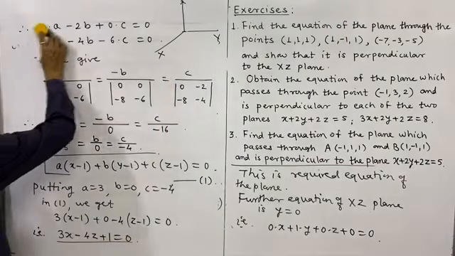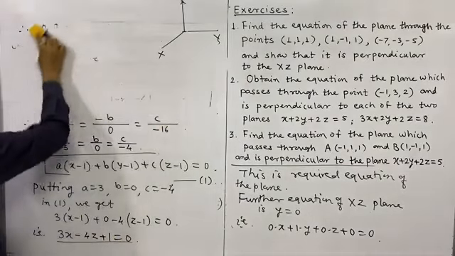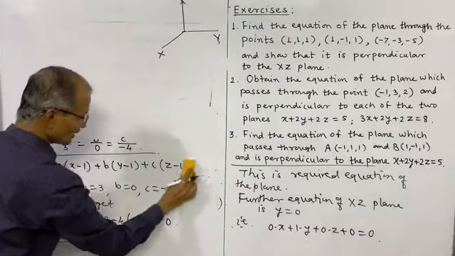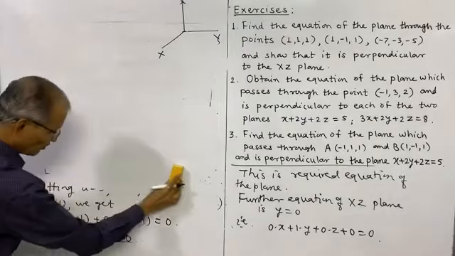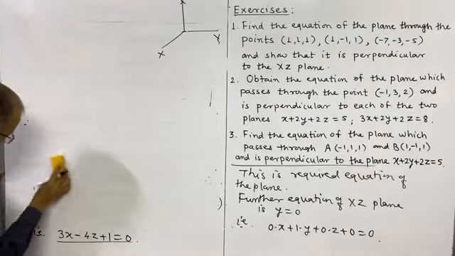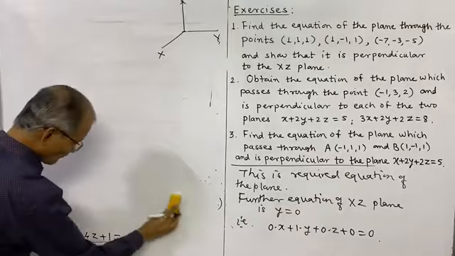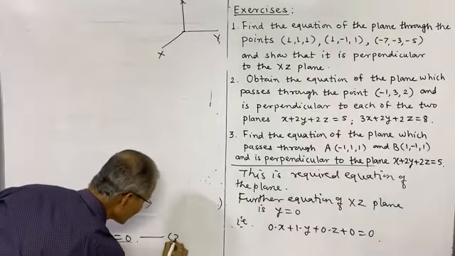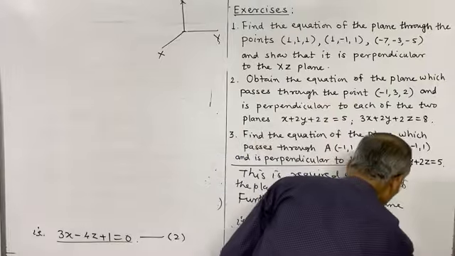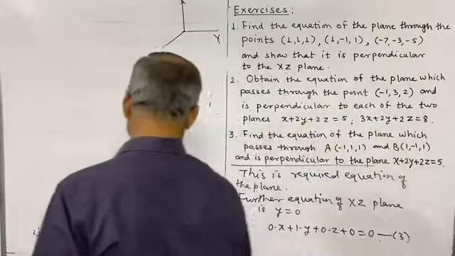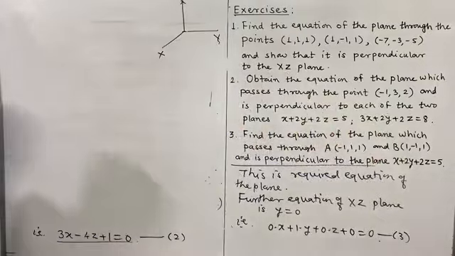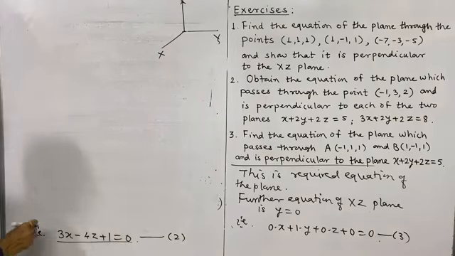So to find the angle between them, we use the perpendicularity condition of two planes. Now we may suppose this as plane 2 and this as plane 3.